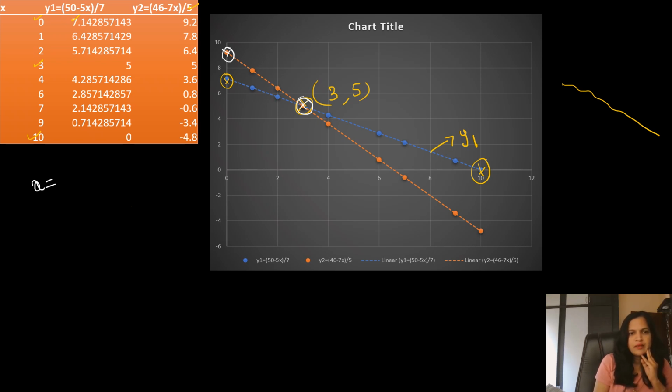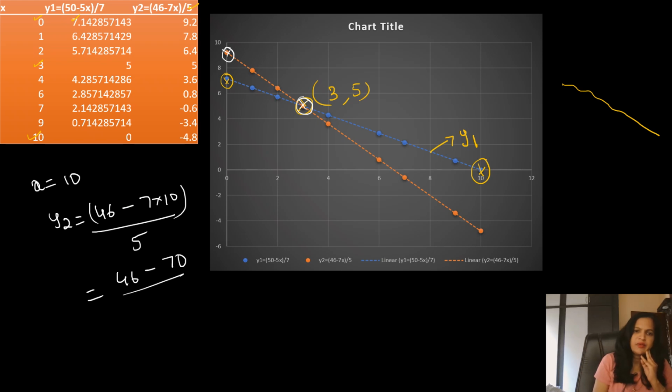When x equal to 10, y2 equal to (46 minus 7 into 10) whole divided by 5. 7 into 10 is 70. 70 minus 46 is 24, divided by 5. 5 fours are 20. 24 minus 20 is 4.